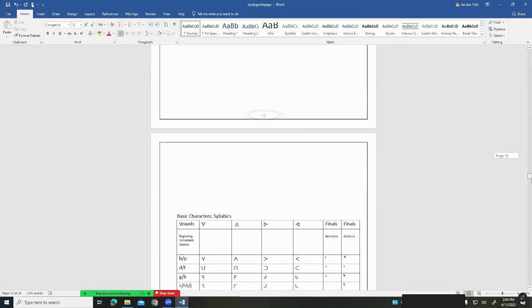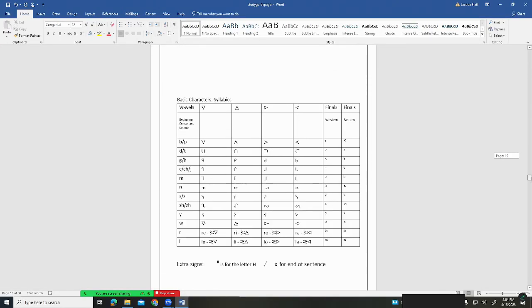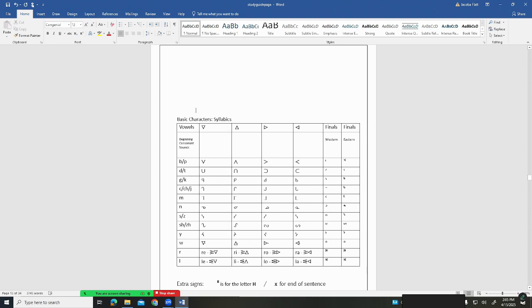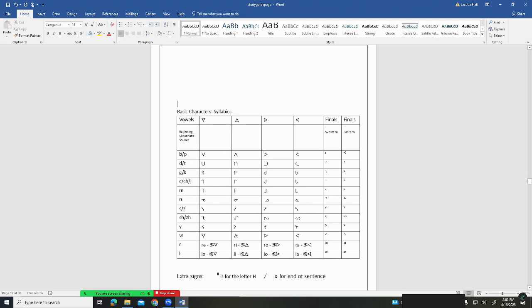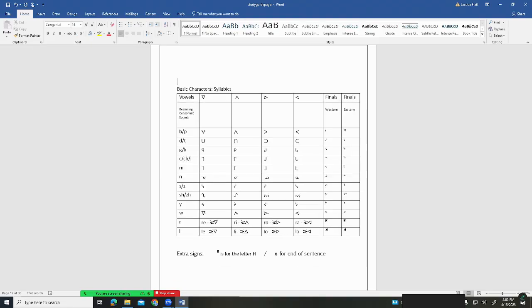So we're going to go back to the basic characters in syllabics. The first one is the vowels. On the top we have the vowels and then the syllabics A, E, O, A, and then the finals.